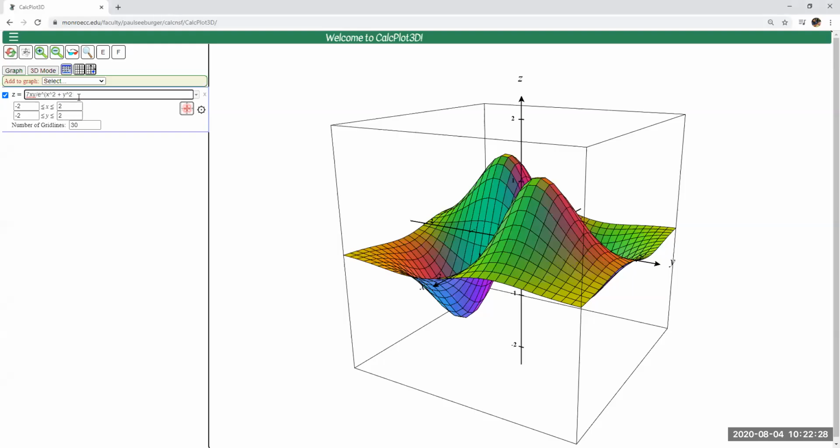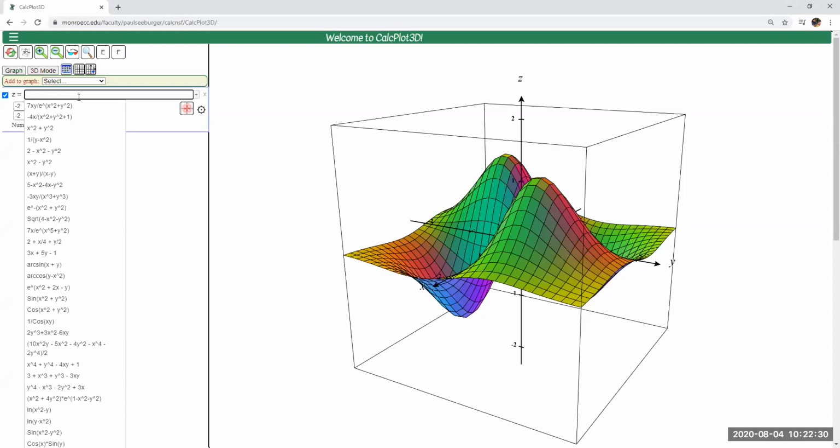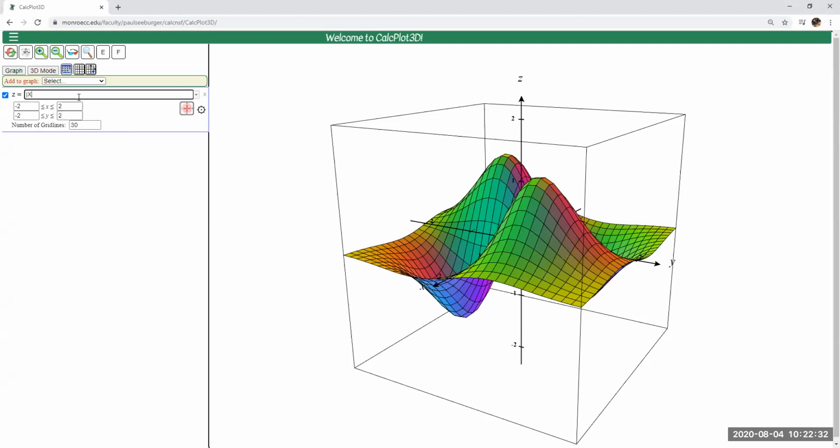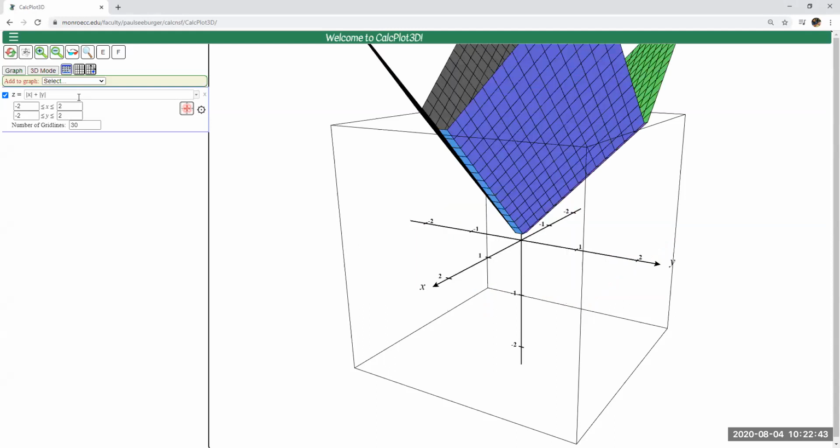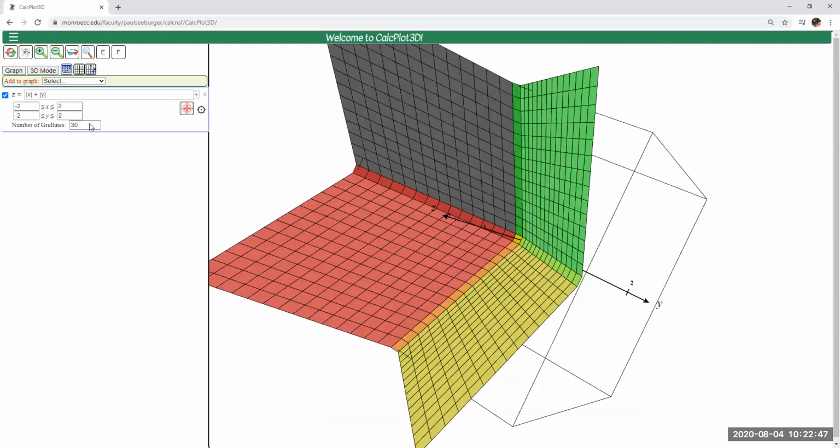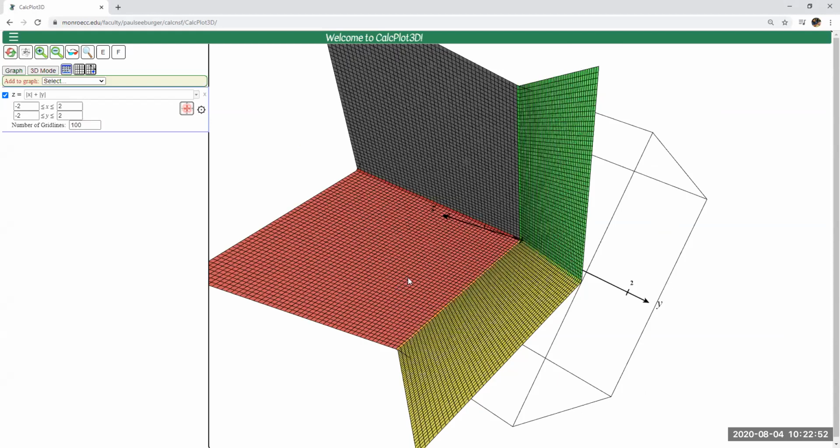Well, hopefully it has absolute value, right? Let's see. Maybe it would understand it like this. Oh, yeah. So the function would look like this. Let's make it a little more.